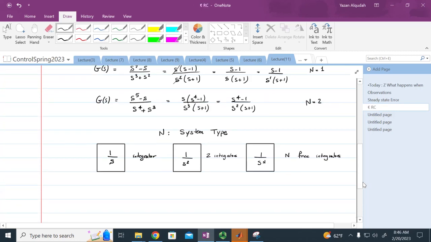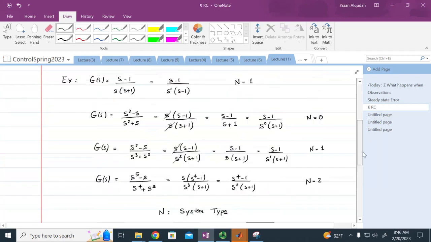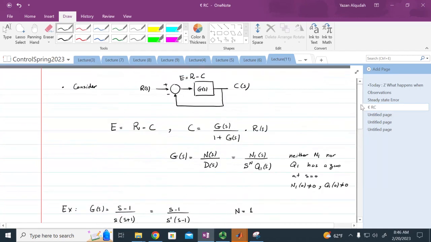Okay. Now, as we will see, this n, the system type, the number of integrators, is what's going to determine the steady state error, which is something we can almost imagine. Because if I'm looking at the steady state error, and I have an error signal here, and then this system is going to try to integrate it, what's going to happen when it integrates it? It's going to get bigger and bigger and bigger.